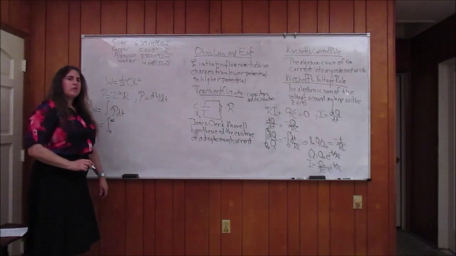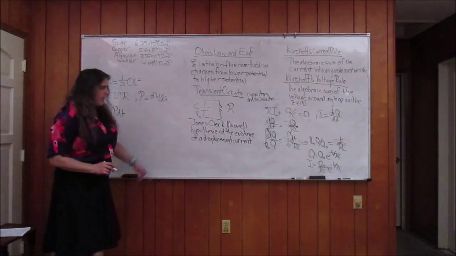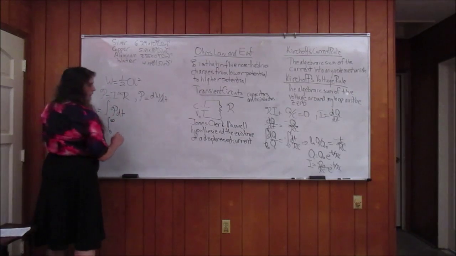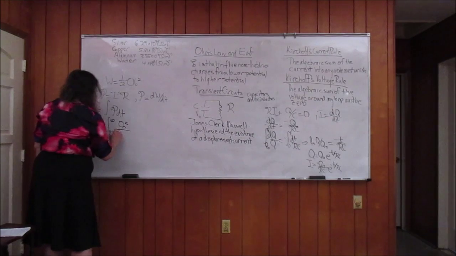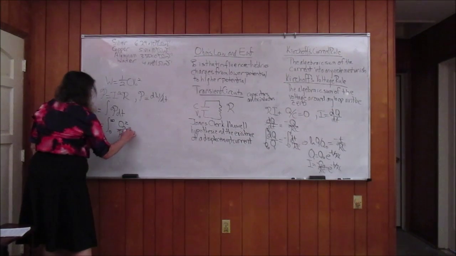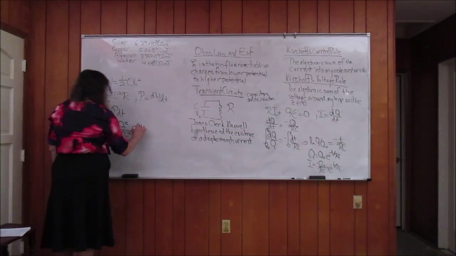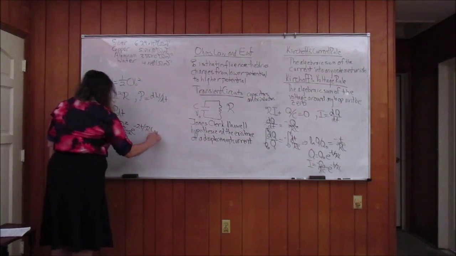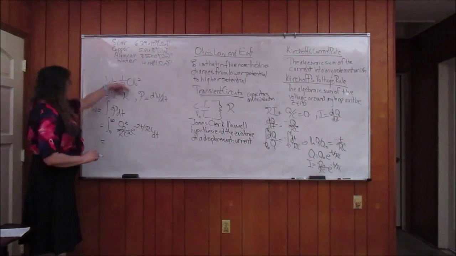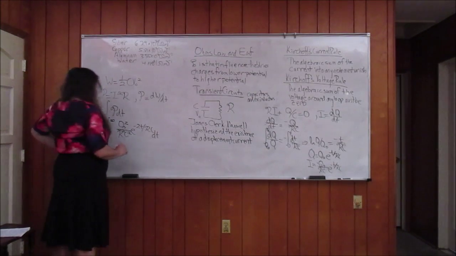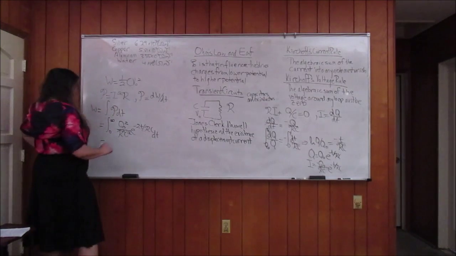And here we're going to integrate from time equals 0 to infinity. And squaring that's equal to Q naught squared over R squared C squared e to the minus 2t over RC dt. And since I wrote this as a potential, it's convenient to express this in terms of the initial potential V naught as well.